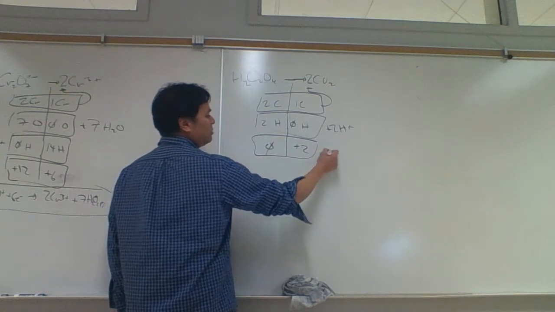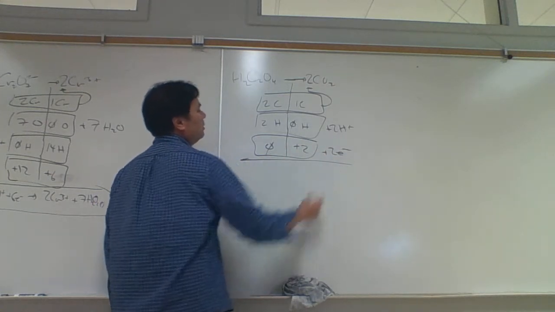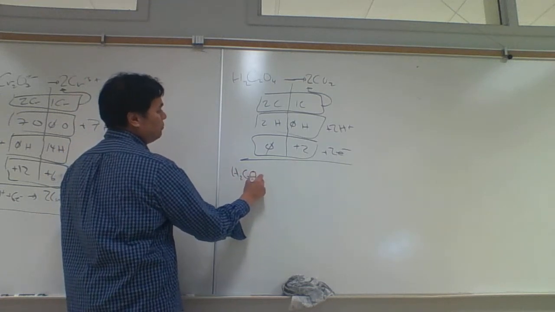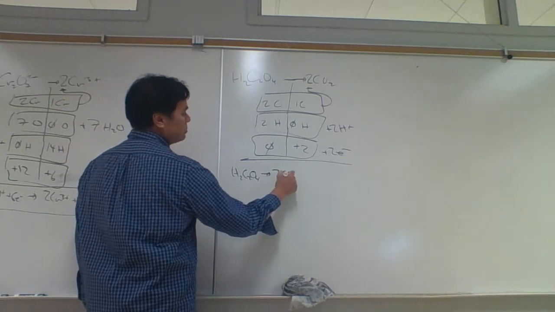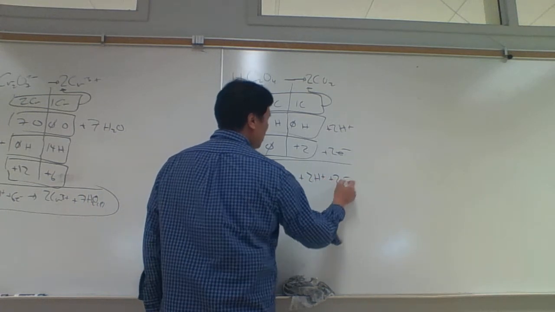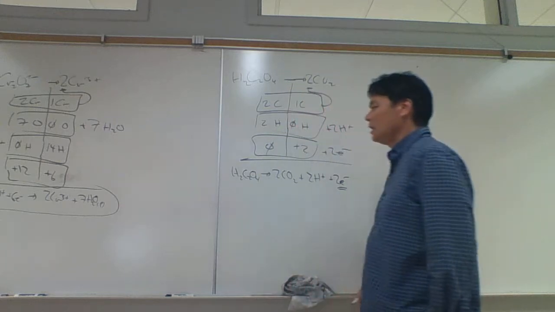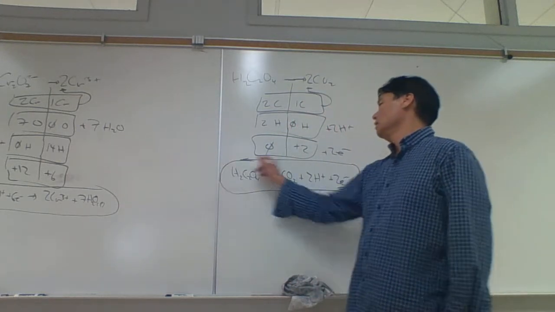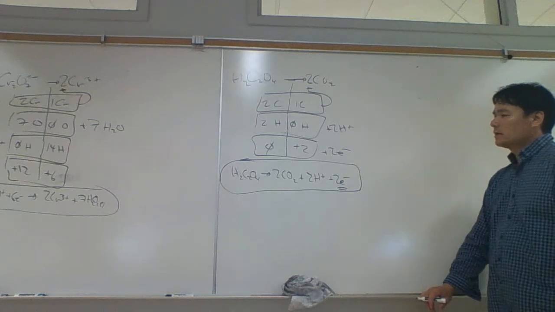And so I need 2 electrons over here, and then that's it. And so this half reaction, H2C2O4 goes to 2 CO2s plus 2H plus 2 electrons. So the remaining 2 electrons are gone, 1 electron in each carbon here, as we expected.